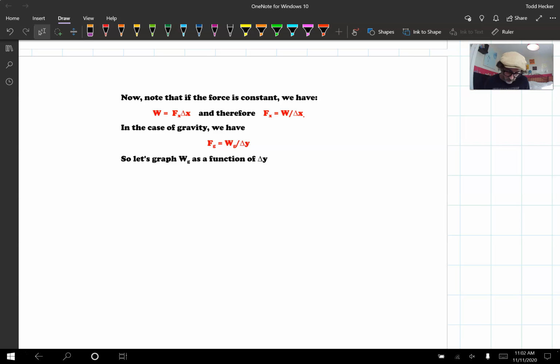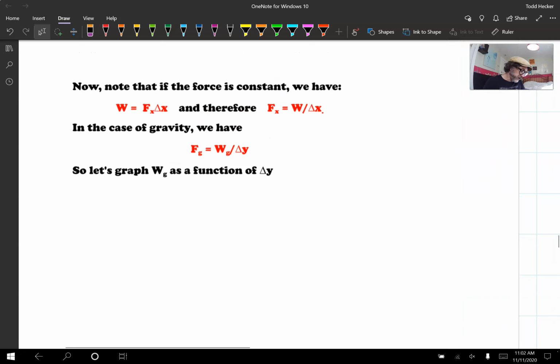So if we rearrange this, what we started with in the last one was the fact that in one dimension, your work was the force times the displacement, keeping track of the signs, right? Okay? But suppose I give you the work and ask you information about the force. Oh, well, then that gives you this equation, right?